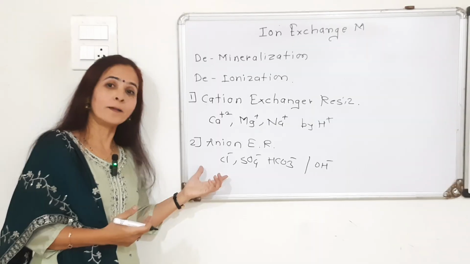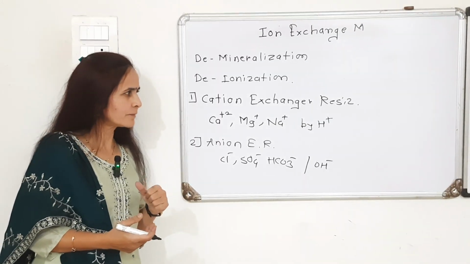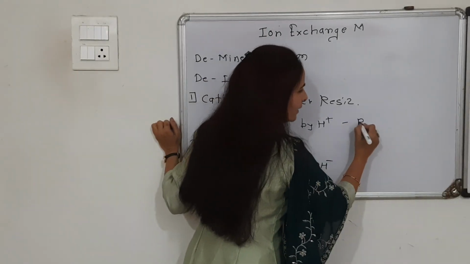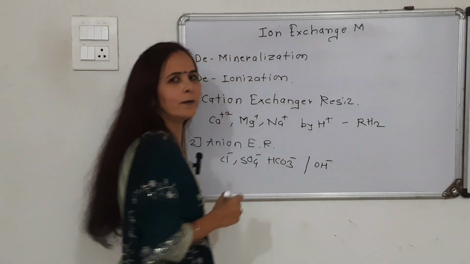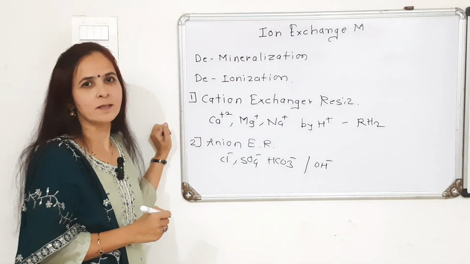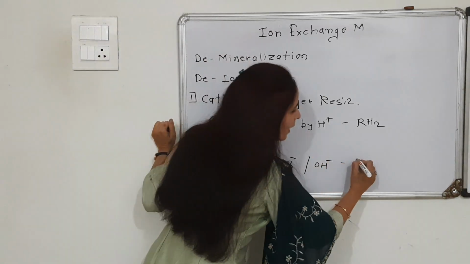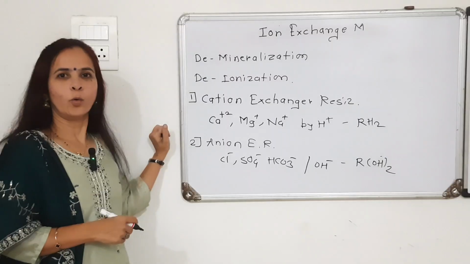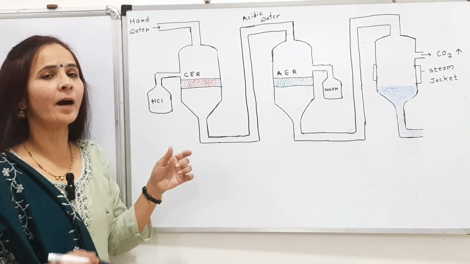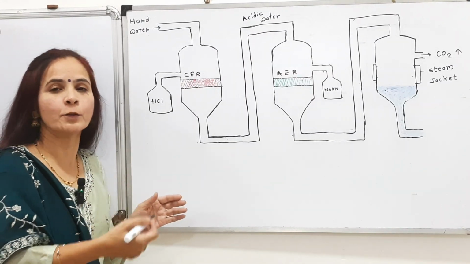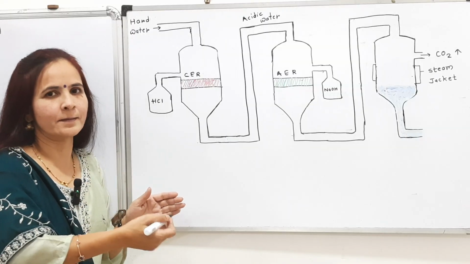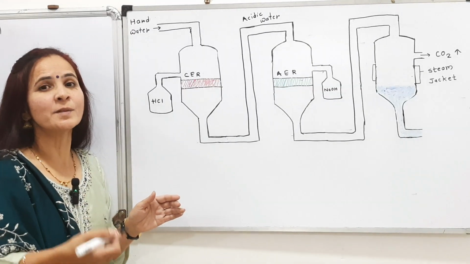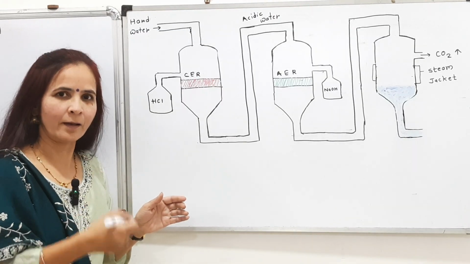That is known as an anion exchanger resin. Cation exchanger resins are denoted by RH2 and anion exchanger resins are denoted by R(OH)2. Thus, if hard water is allowed to pass through the cation exchanger resin and anion exchanger resin, the water becomes free from cations as well as anions.